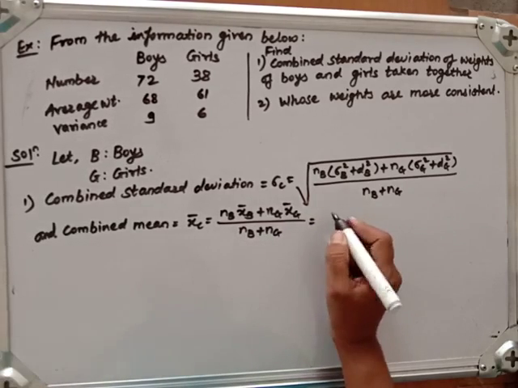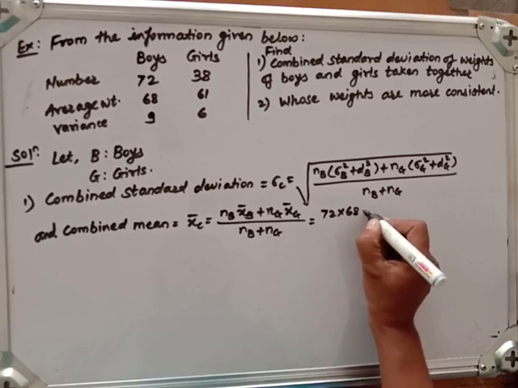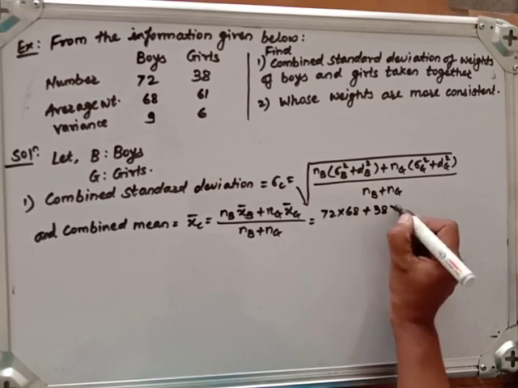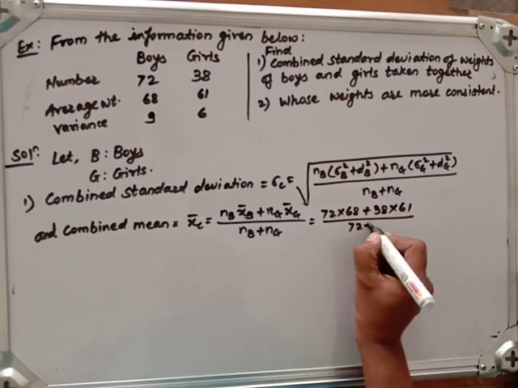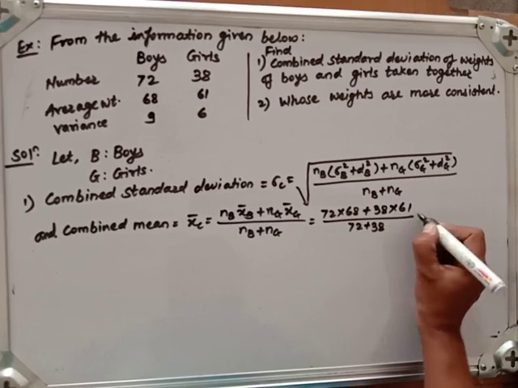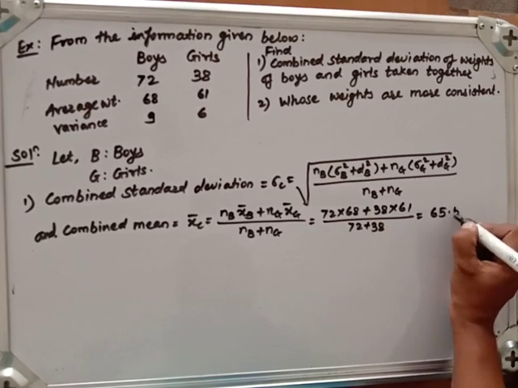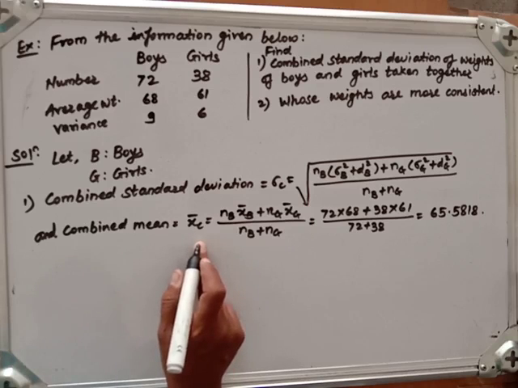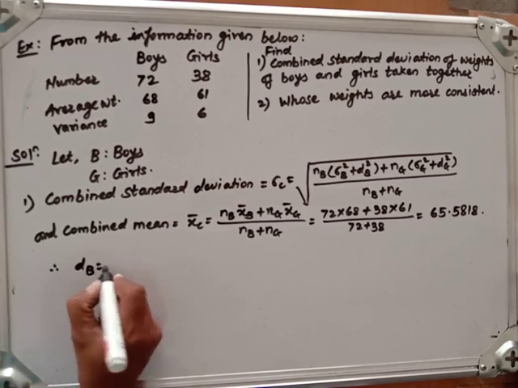So it will be 72 multiplied by 68 plus 38 multiplied by 61 upon 72 plus 38. This simplification is 65.5818, so the combined mean is this one. Therefore we can determine the deviations.